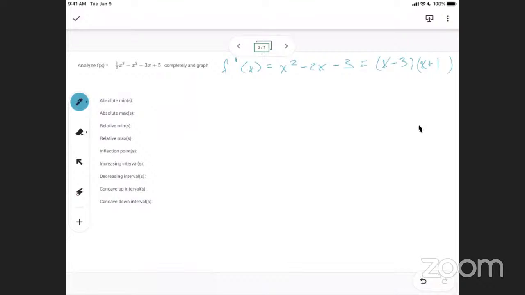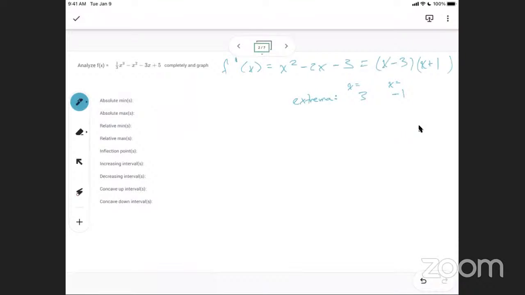So you know that 3 and -1 are my maxes or mins. And specifically, we'll call this extrema. x equals 3 and x equals -1.